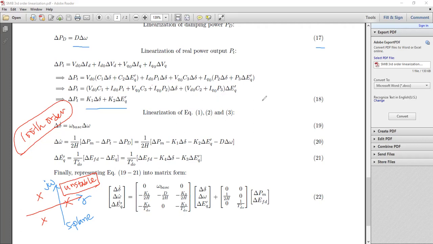If you remember, in your undergrad level courses, you used to solve something like this: y double dash t plus 5 or 3, whatever, 5y dash t plus y of t equals something, 0 or something. Do you remember this? Yes.